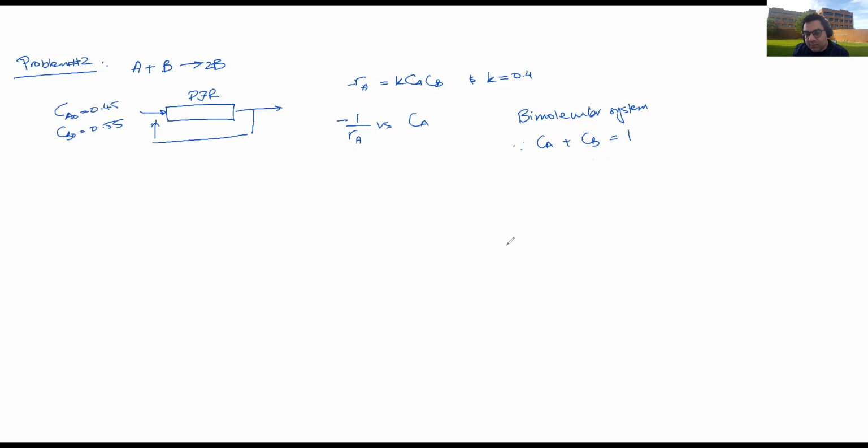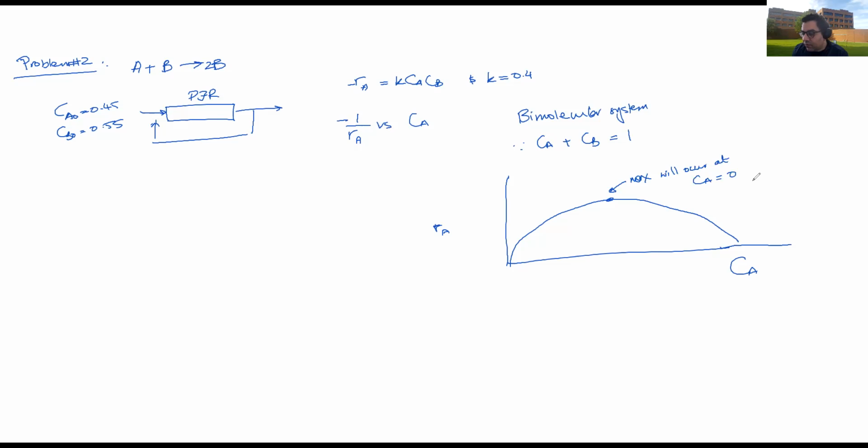So for this type of scenario, if you plot your reaction rate, which is basically RA versus CA, you're gonna get a maximum. You're gonna get a curve which looks like this. You can verify this if you want, and the maximum will occur at CA equals 0.5, right?